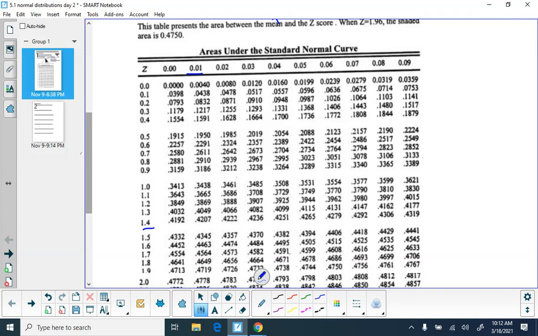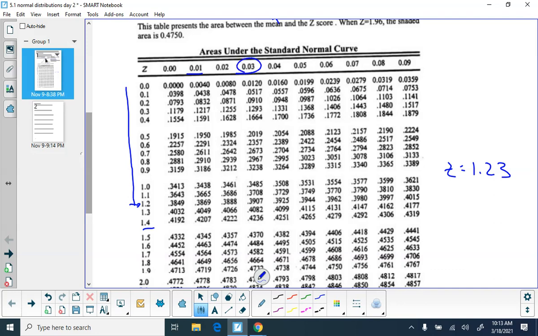So we have to be able to look at a z table, and suppose I have a z value of 1.23. I will scroll down my left-hand side till I get to my 1.2. And then I will take that row over to 0.03, which is up here.